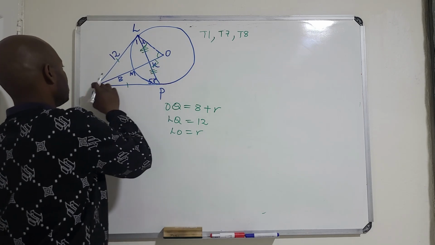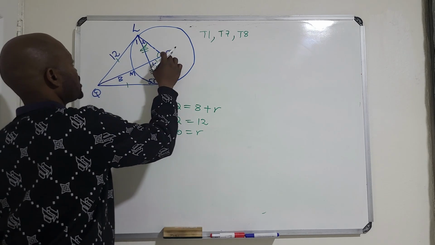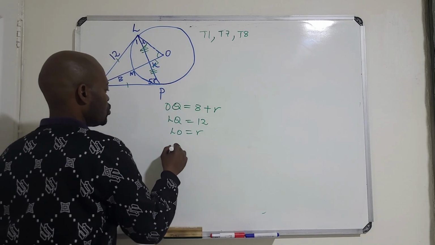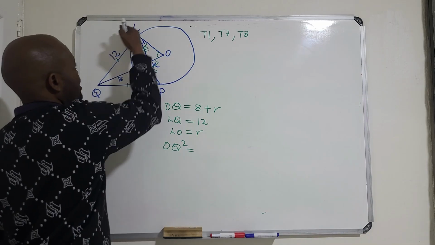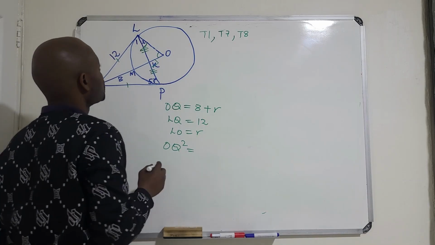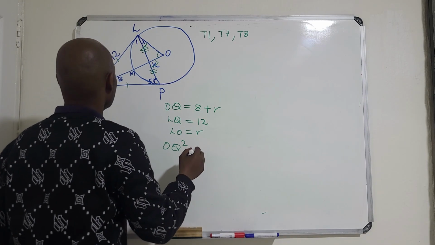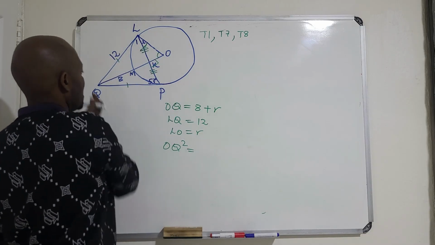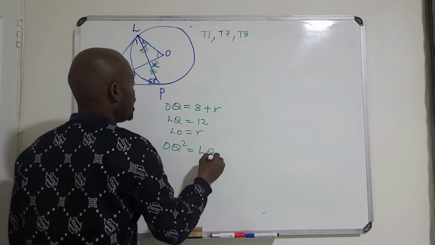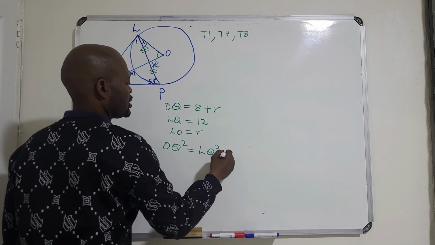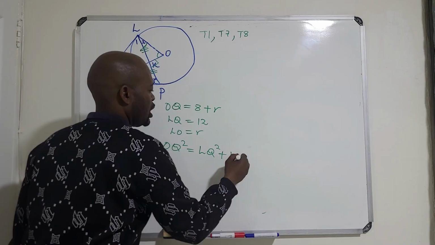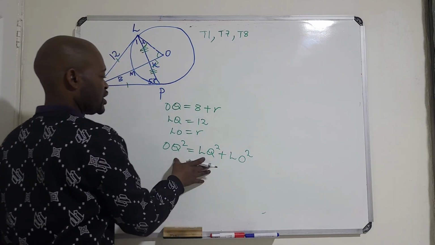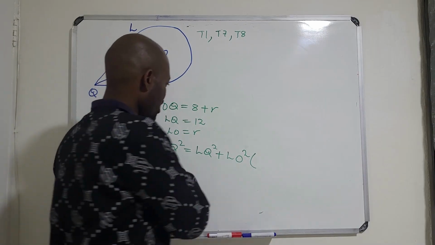The hypotenuse, the longest side, OQ squared, equals the sum of the two shorter sides, LQ squared plus LO squared. This is Pythagoras.